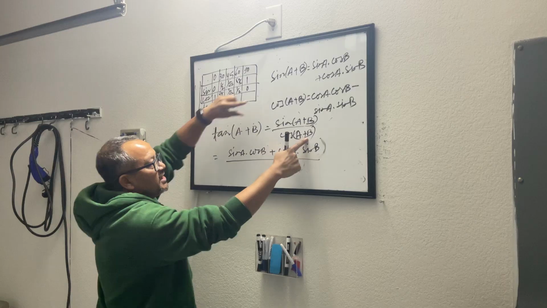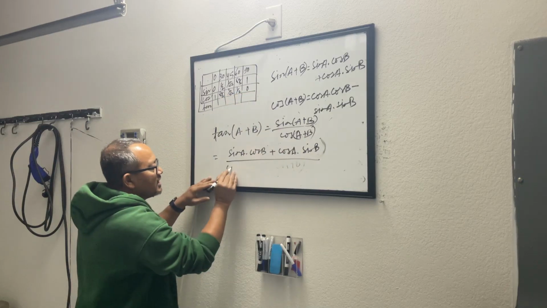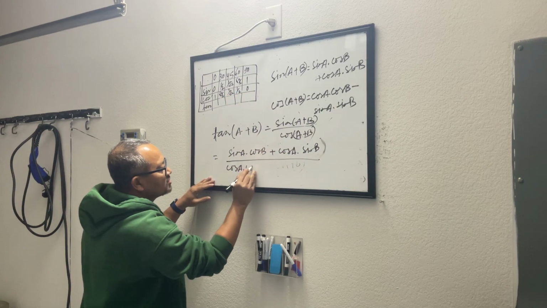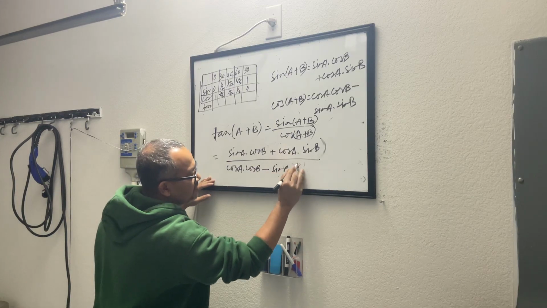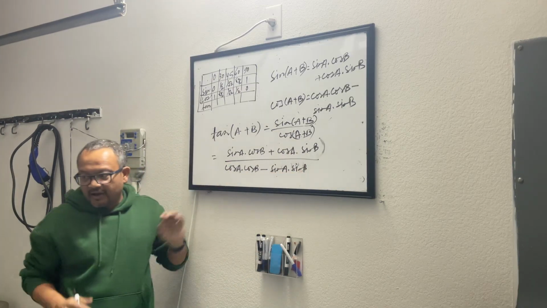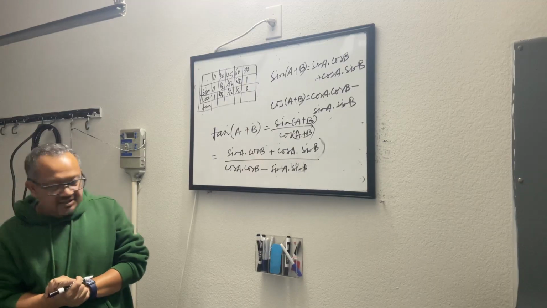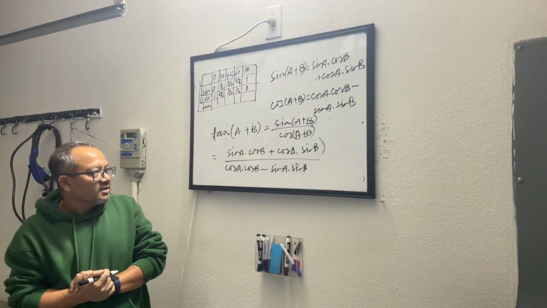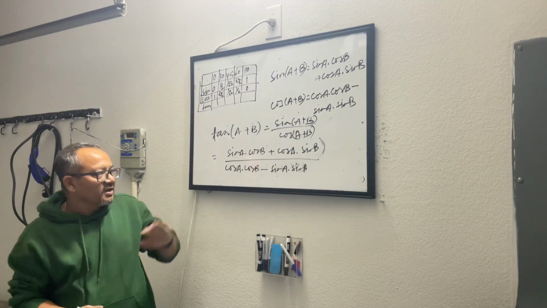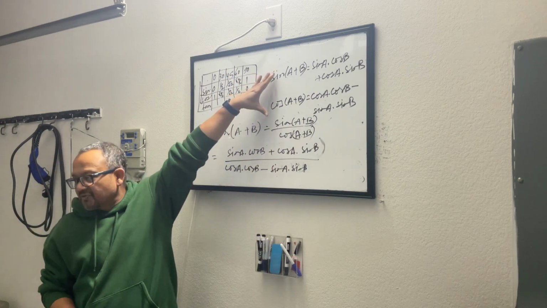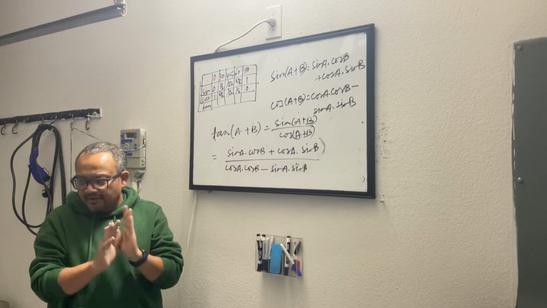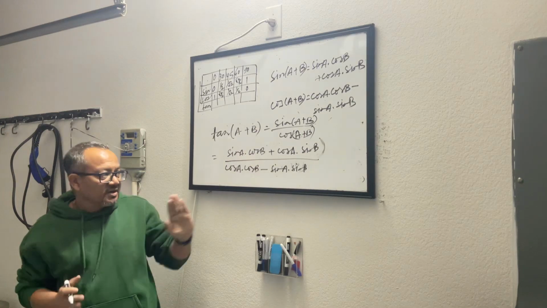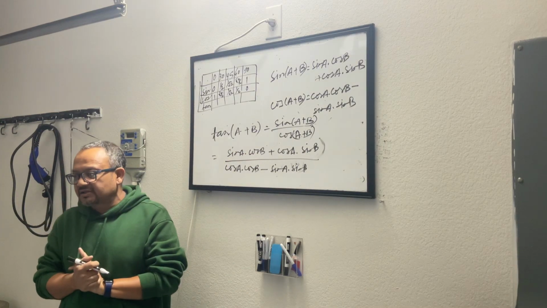Cos of A plus B, which we have derived here, is cos of A times cos of B minus sine of A times sine of B. While Praneeth's example was an easy one, we'll probably not go down that path. We will leverage what we have learned by now to get to this, which looks a little complicated to begin with. But are you guys convinced that this is the right approach?